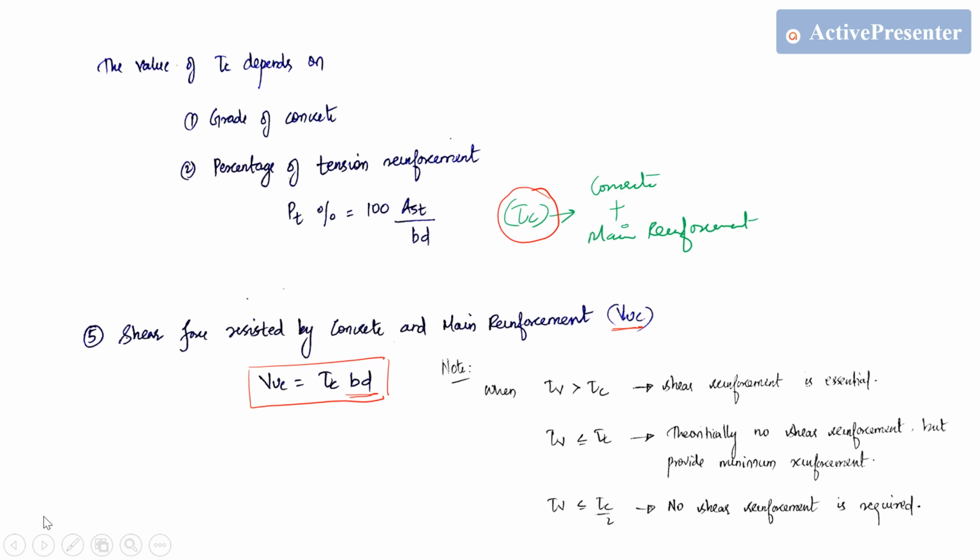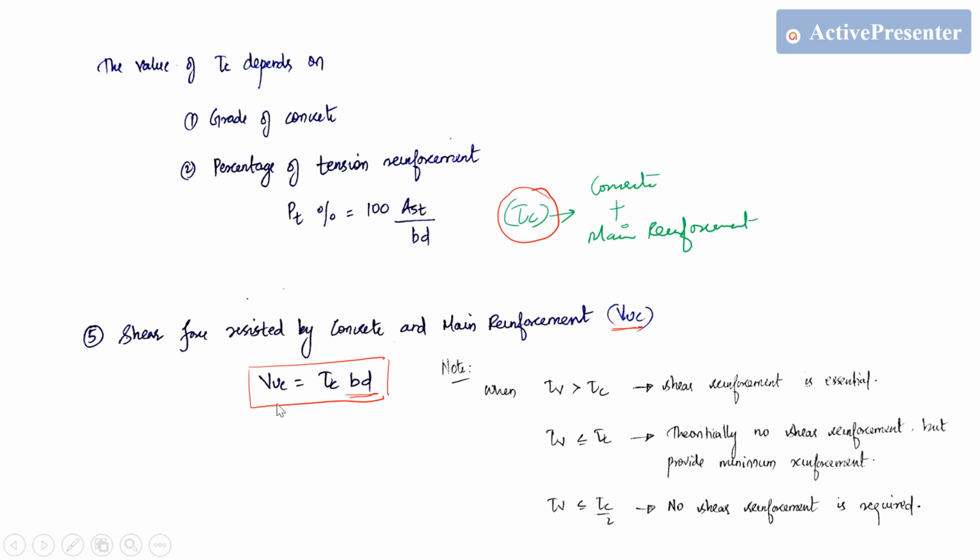Is it okay? Now, when tau v is less than tau c, in order to have enough ductility, we provide the minimum reinforcement. If we don't provide that, there won't be ductility in the structure, and as a result, we provide the minimum shear reinforcement when tau v is less than tau c.